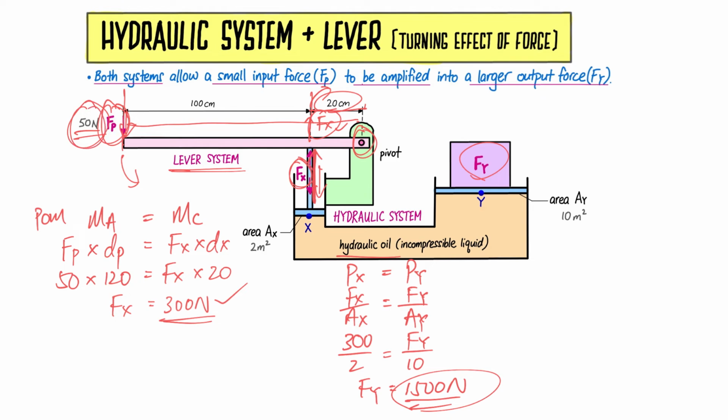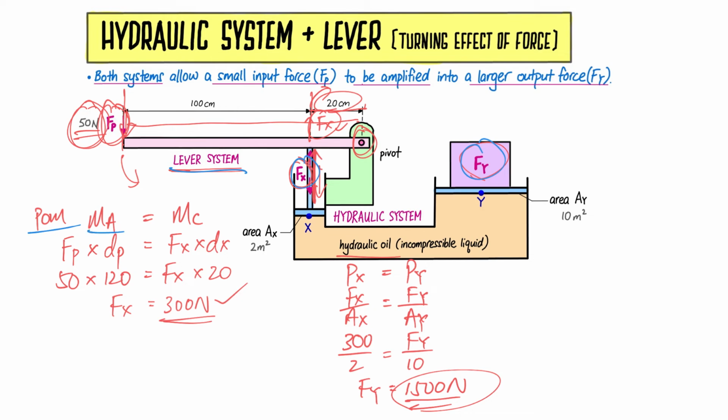So you can see the output Fy is 1500 Newton, which is 30 times the input force of 50 Newton at Fp. In the previous video, we have learned how to explain why Fy is greater than Fx for the hydraulic system. But for the lever system, the way to explain is actually similar, just using the principle of moments.